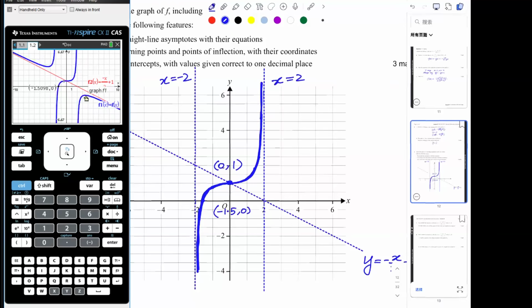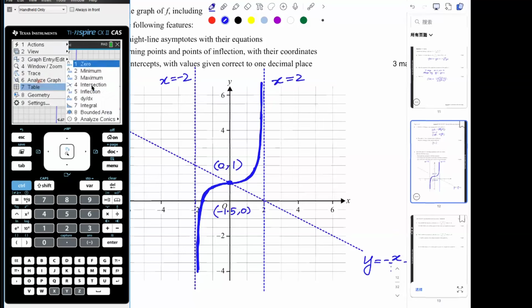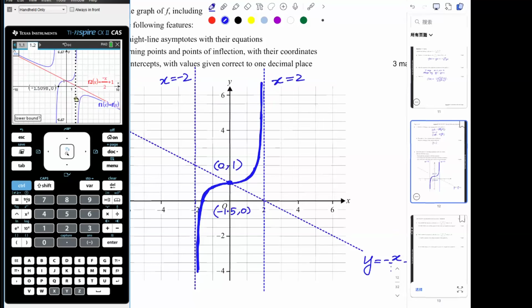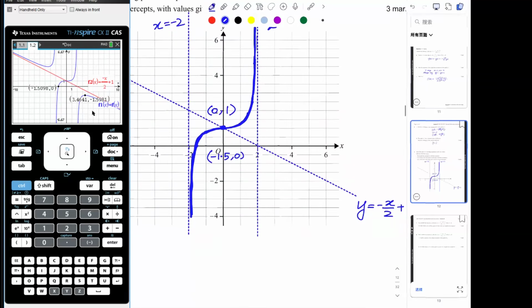And also notice the stationary points, like a maximum. I think these should be 2 root 3, but it's at a 3.46, which is roughly 3.5, and a minus 1.59, minus 1.6 something. Therefore, I would say a point would be here, okay?